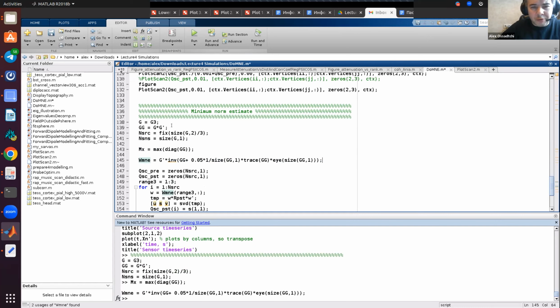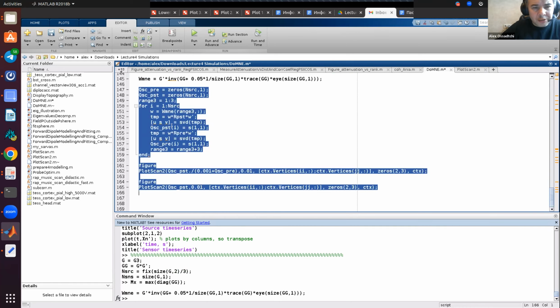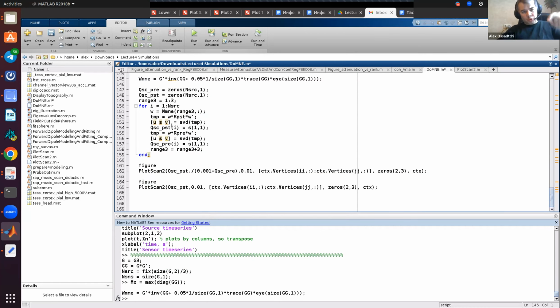This is the noise covariance, which is identity here. Then let's do the same scan. We have minimum norm and also a triplet of dipoles, and for each dipole we have its own spatial filter. Then we again do the SVD and take the largest value. We could have taken the trace, it won't change much.